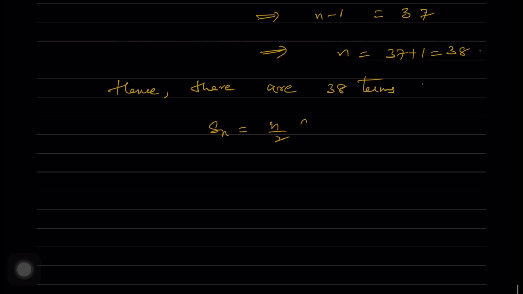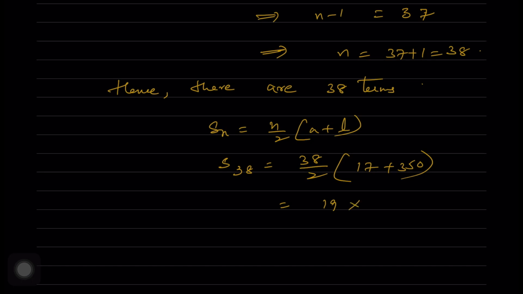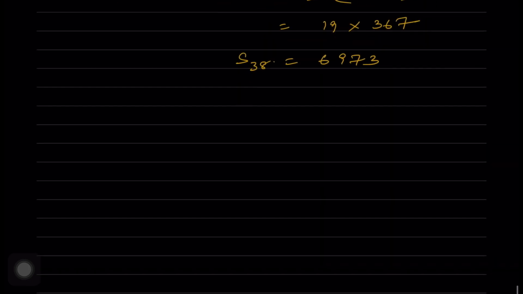So now Sn is equal to n by 2 into a plus L. Therefore S38 is equal to 38 by 2 into a is how much? 17 plus 350, which is equal to 19 into 367, which is equal to 6973. So S38 is nothing but 6973.